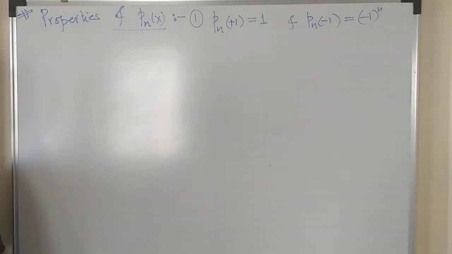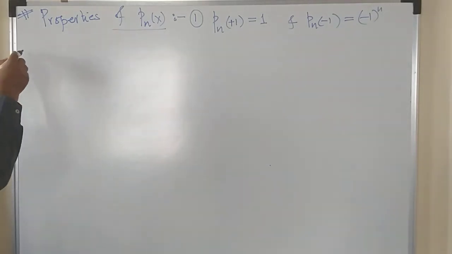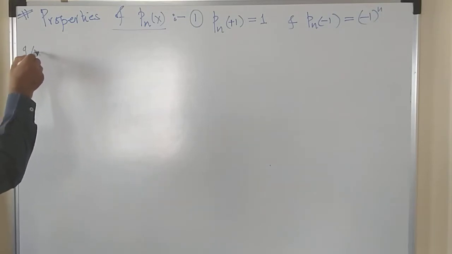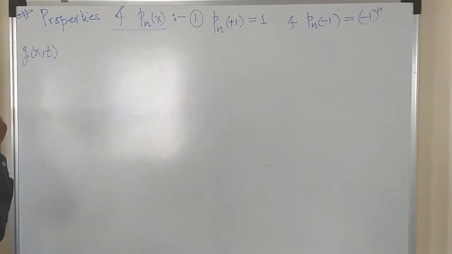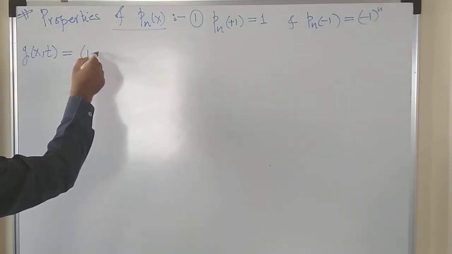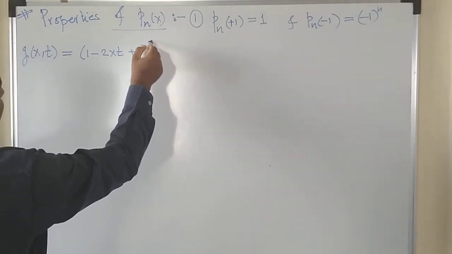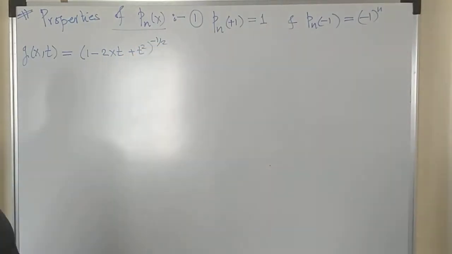This is the first property, and to prove this property, let us consider the generating function. What is the generating function for Legendre polynomial? The generating function for Legendre polynomial is denoted by g(x,t), and it is equal to (1 minus 2xt plus t square) raised to power minus half.